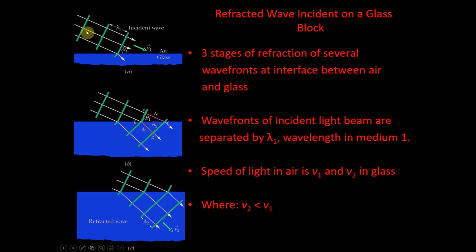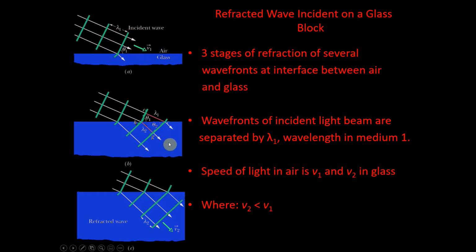Now, what will happen here is our light wave will come in with one velocity v1 and will interface with the glass here, which is also transparent. These wave fronts of light in the incident beam are separated by lambda 1. That's essentially a wavelength. So each wavefront is separated by one wavelength, lambda 1, in this medium.